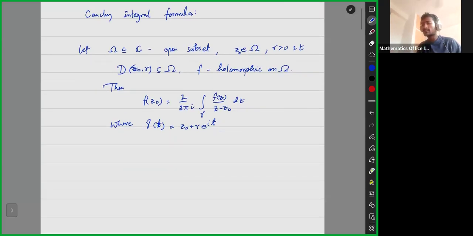After proving this formula, what we have seen is that when the function is holomorphic, this is, let's say, the first part. The second part: F holomorphic.